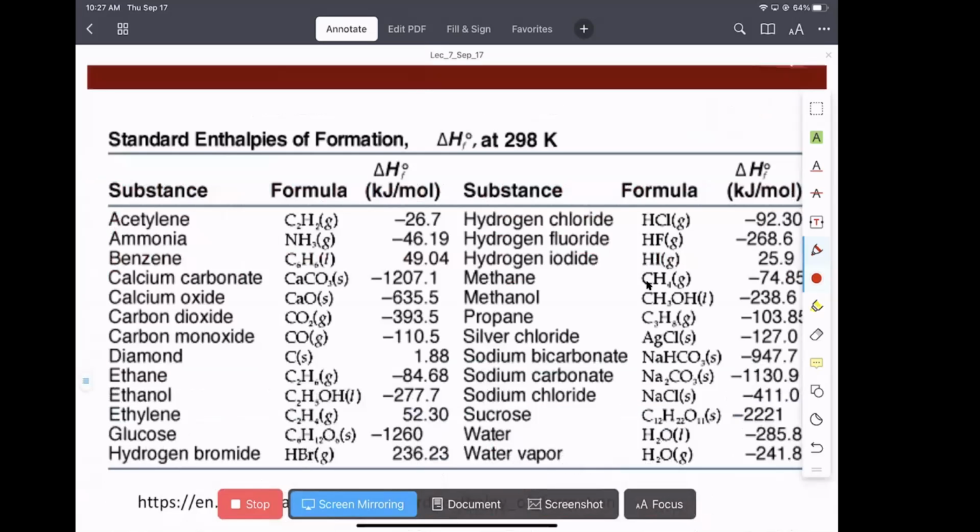You need to pay attention, especially to the writing. That is the standard sign with the formation, and we can find this at 298 Kelvin. There we define the pressure as 1 bar, which is implied by the standard state, and the temperature is defined over here by the table itself.